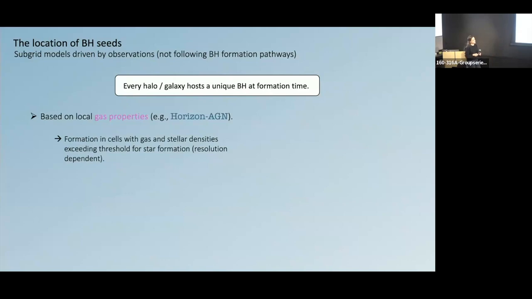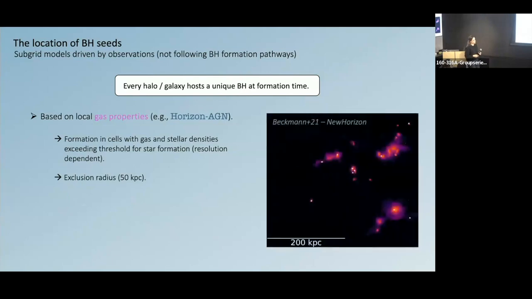The idea is to look over the cells and form black holes in cells that reach the density threshold for forming stars, because you want to form black holes where you form stars. Then you have other criteria to ensure that there is only one black hole per galaxy, so it's a bit cheaper than running even a friends-of-friends in terms of computational cost.